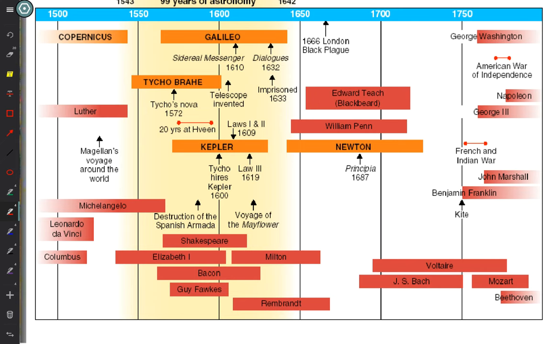Johannes Kepler and Galileo overlapped. Galileo was born first, died last of those two. So they were working at the same time. And it was Kepler who actually has the reasons for people to believe that we have the sun at the center.